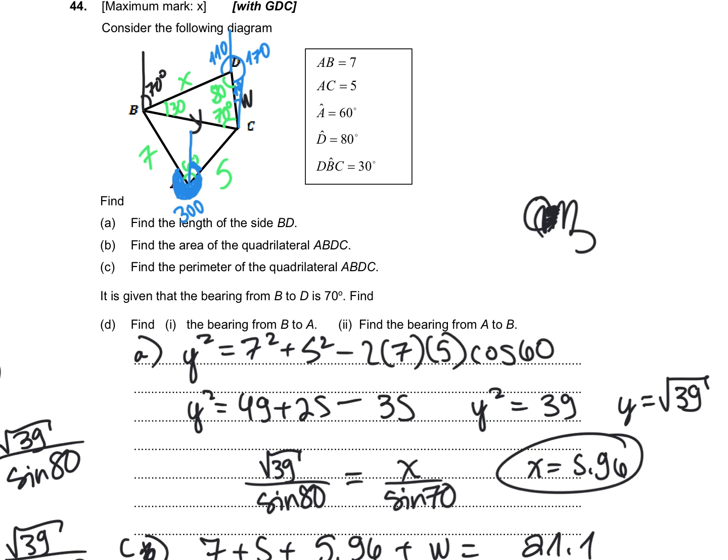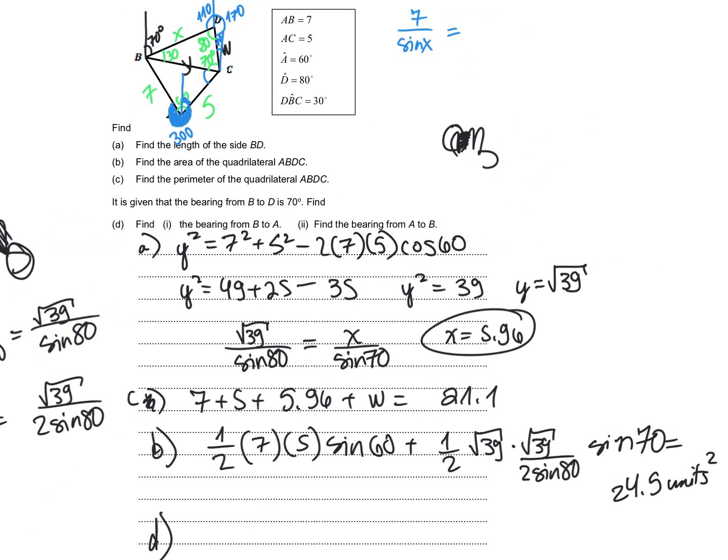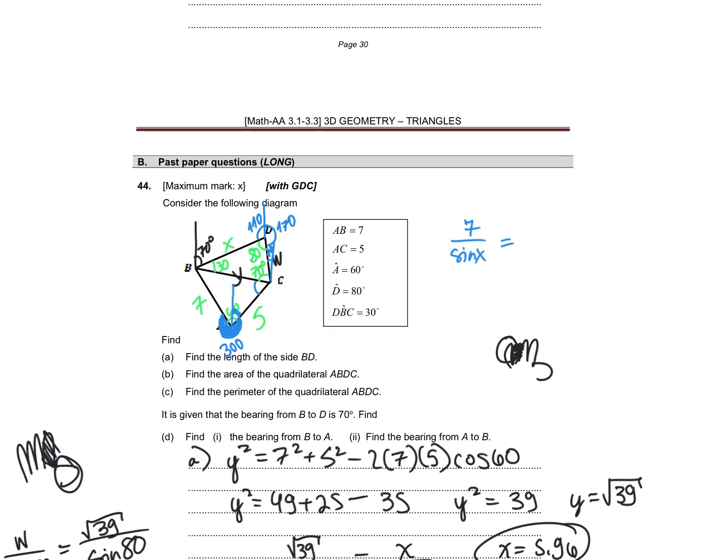So we can find this bit here, 7 over sine x equals y. What was y? Root 39 over sine 60. So that little angle is 76.1.